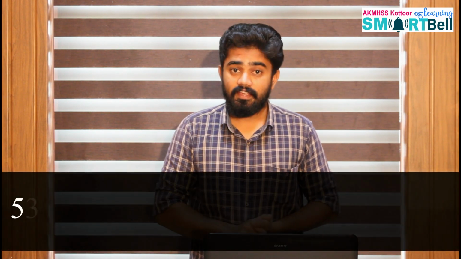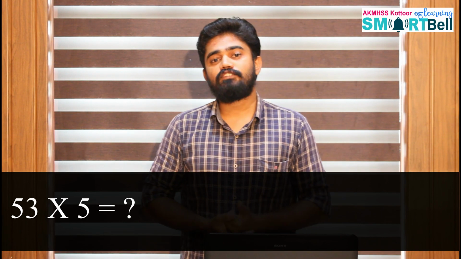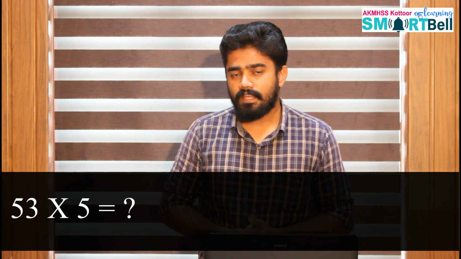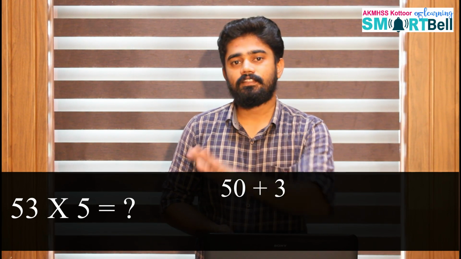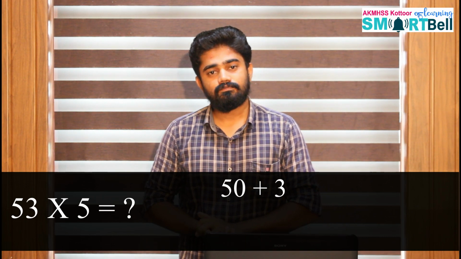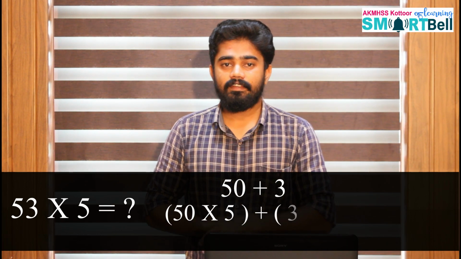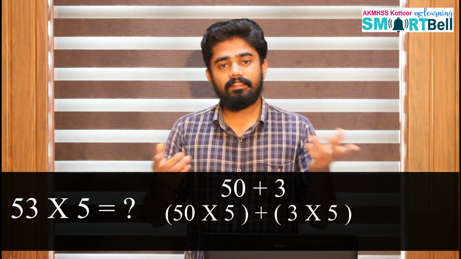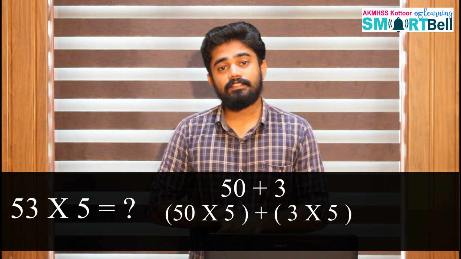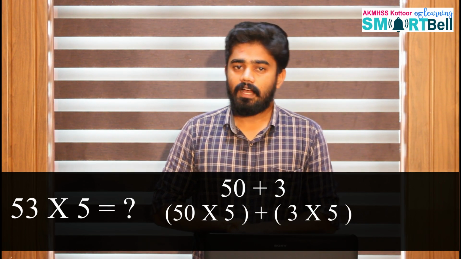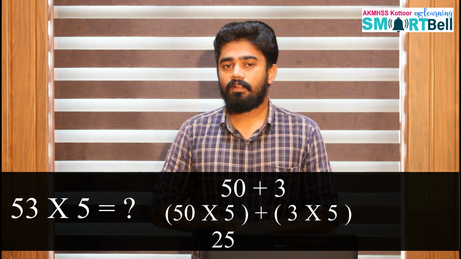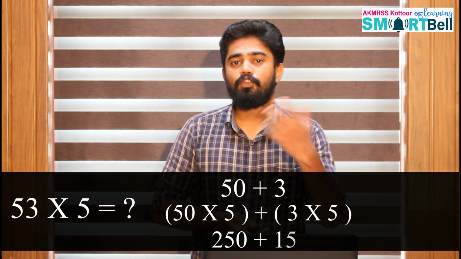Okay, let's take another example. Multiply 53 with 5. We can write this 53 as 50 plus 3. So how will you multiply? Just multiply 50 with 5 and 3 with 5 and add the answers. 50 into 5: 5 into 5 is equal to 25 and add a 0, so 250.